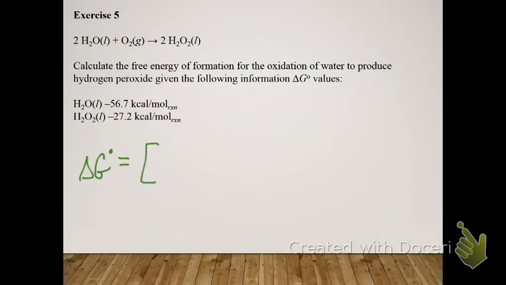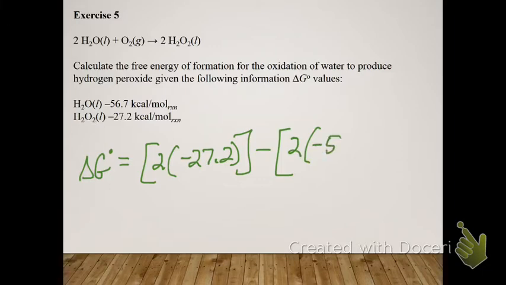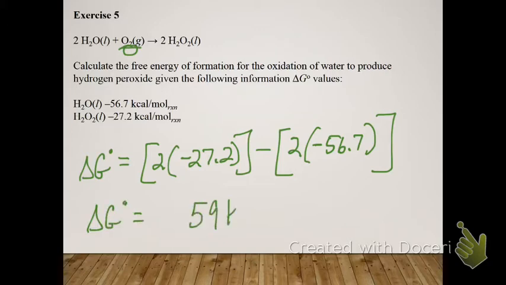So we're going to have 2 times negative 27.2, and we're going to subtract from that 2 for the liquid water. If you were looking these up in a chart, make sure you look up liquid water, not gaseous water. And then, of course, that's it because oxygen is 0. They don't even give it to us. So then our delta G value is going to be equal to 59 kilocalories per mole of reaction.